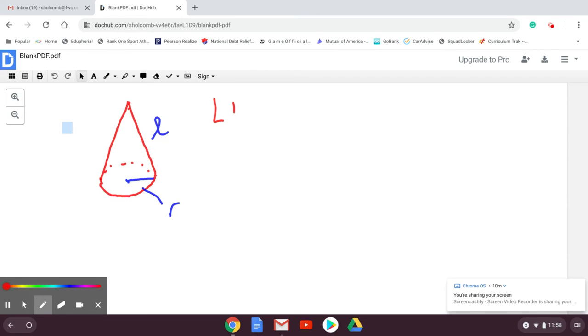Switch back to red here. The lateral area of a cone, since it has a base that's a circle, is going to have pi. It's 1/2 times 2 pi r, or 2 pi rl. But we usually leave off the 1/2 because what's 1/2 of 2? Just 1. And so we can say that the lateral area is just pi r l.